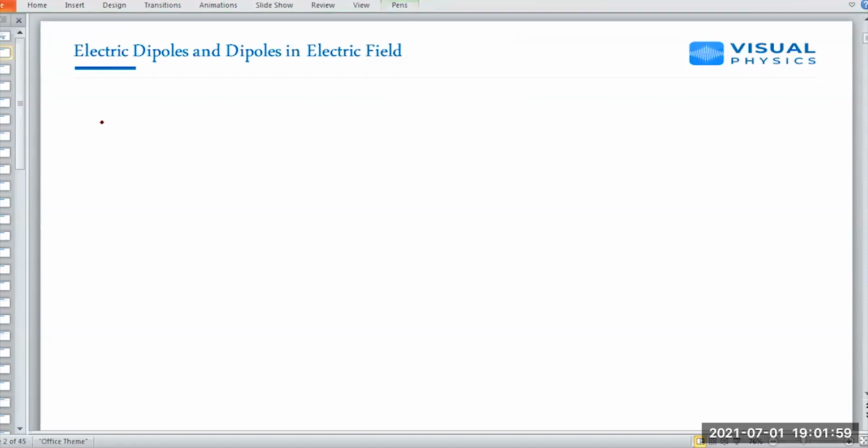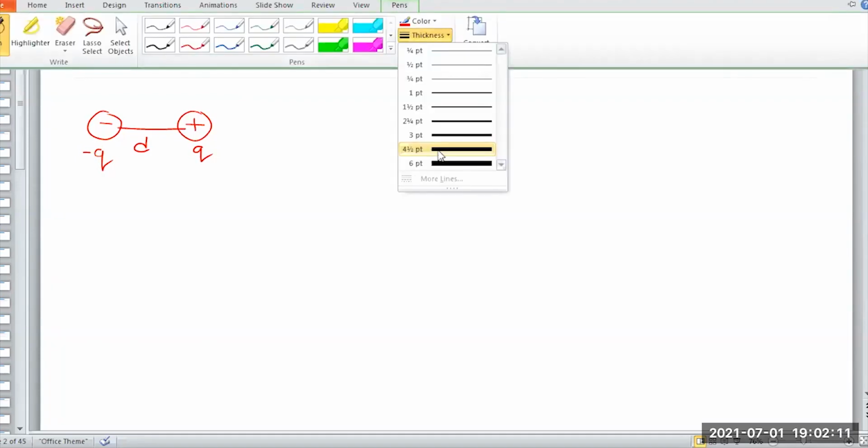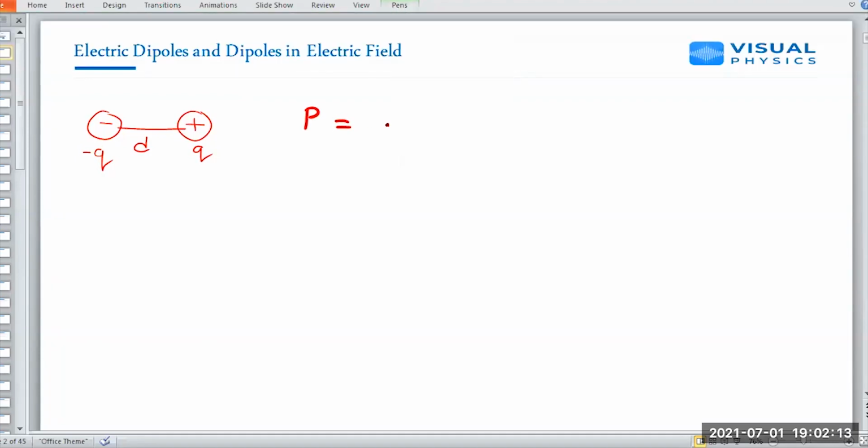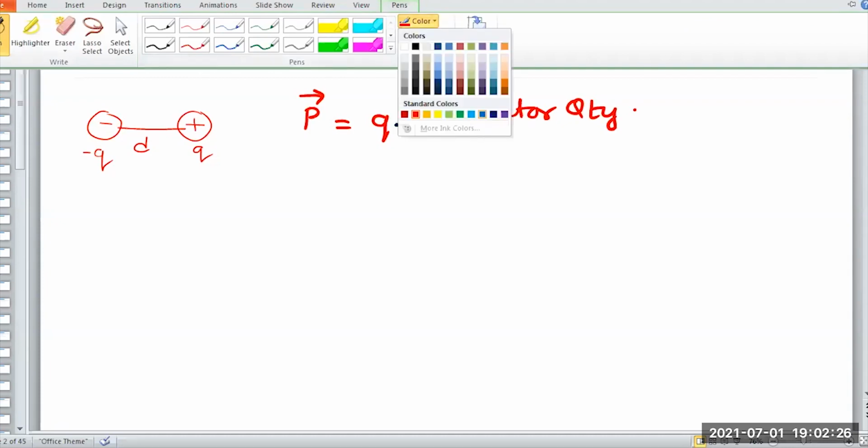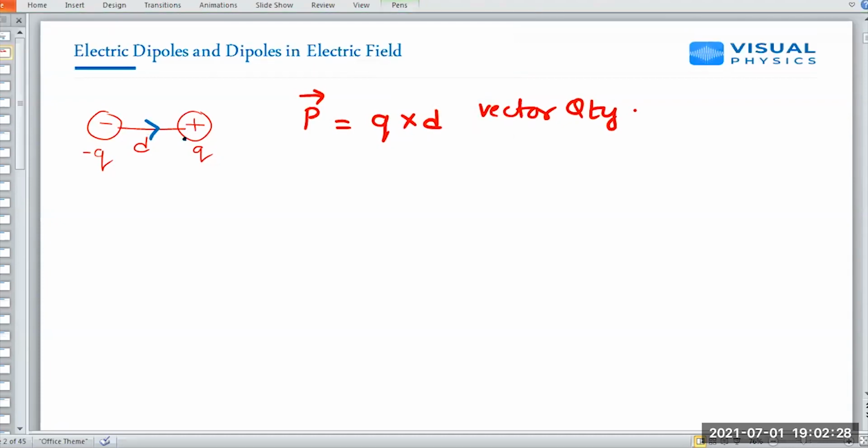If two equal and opposite charges are separated by a small distance d, then electric dipole P is given as Q into D, where dipole is a vector quantity and the direction of dipole is always taken from negative to positive.